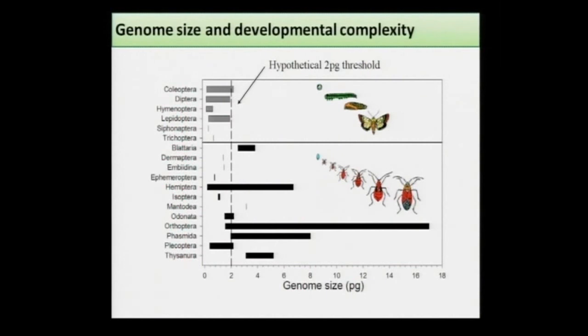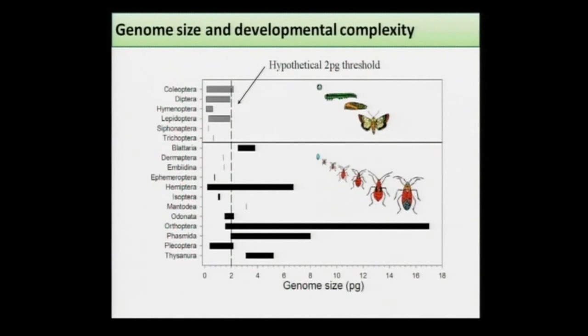You also see this in insects. So on the top are what we call holometabolous orders. These are the insects that have complete metamorphosis, egg, larva, pupa, adult. And on the bottom are the hemimetabolous or ametabolous orders that have no metamorphosis or no complete metamorphosis, egg, and then a series of nymphs that look a little bit like an adult.